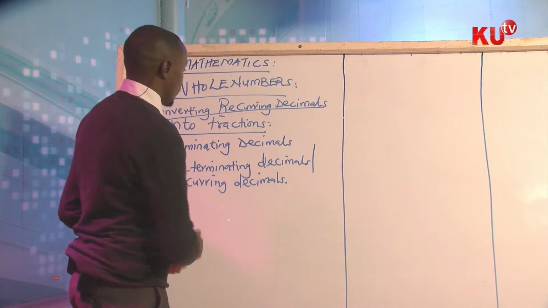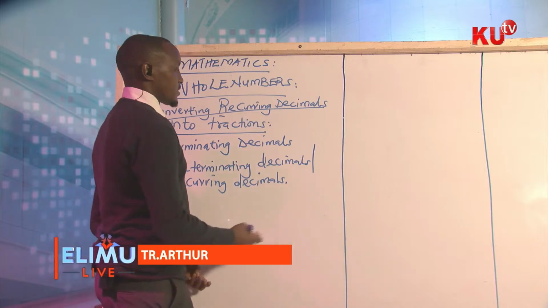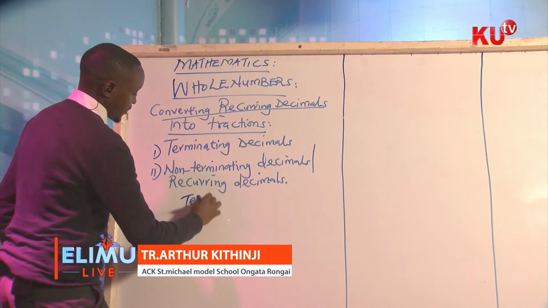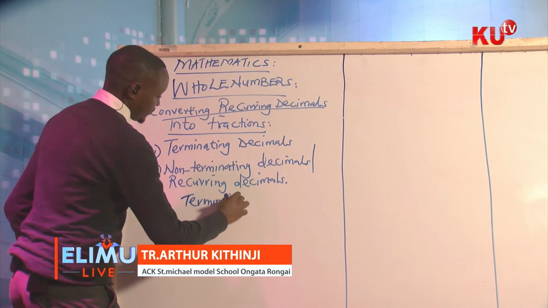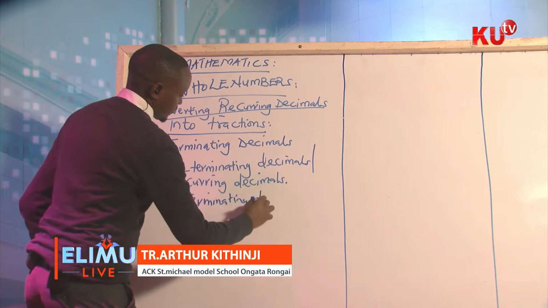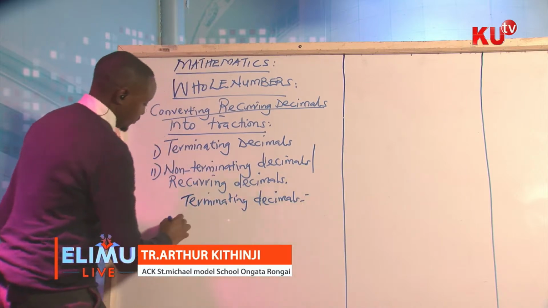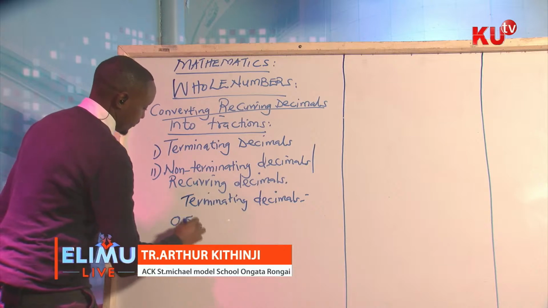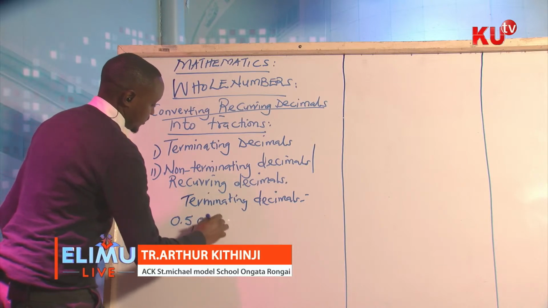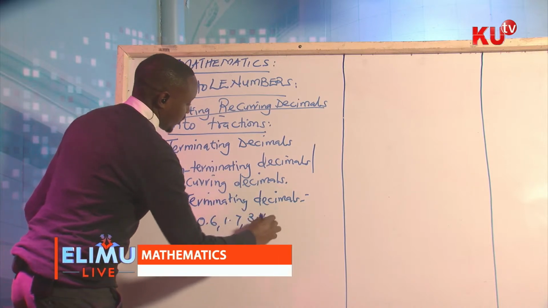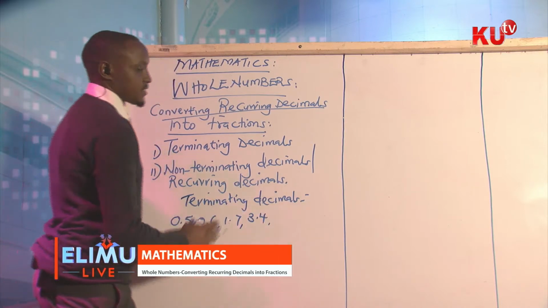Now, when we talk about terminating decimals, examples include decimals like 0.5, 0.6, 1.7, 3.4, any decimal that has an end.